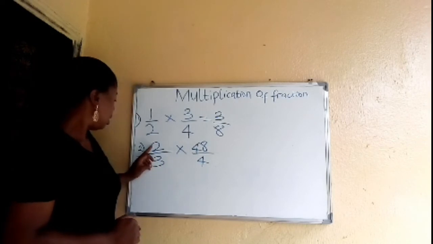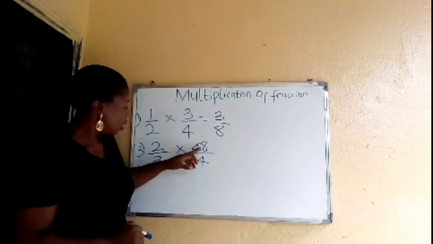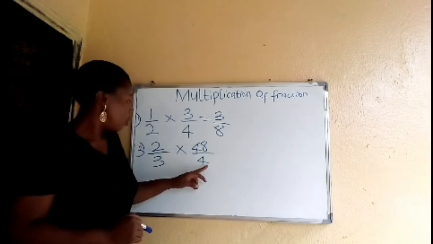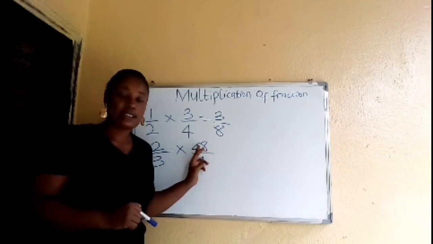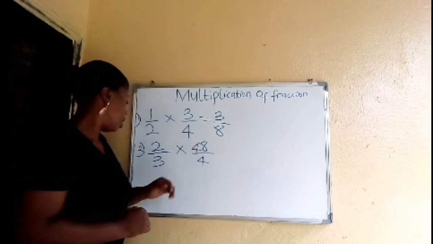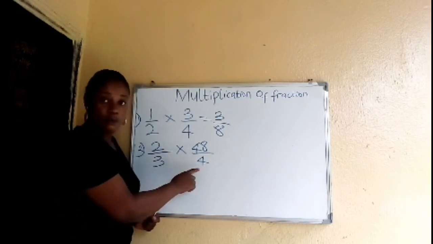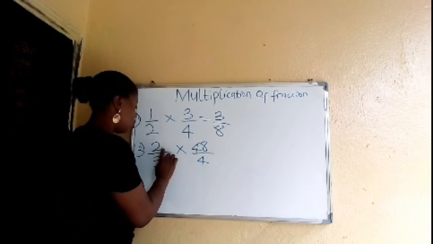This is 3 and this is 2. This is 4 and this is 48. So 4 has multiples. It's a multiple of 48. So this can divide. And even 2 is a multiple of 4.